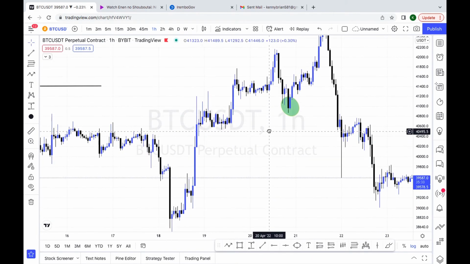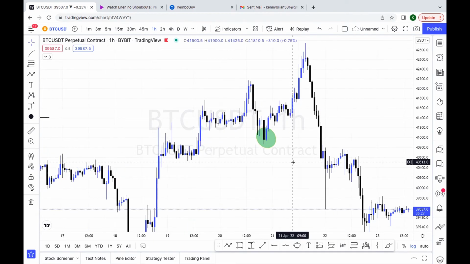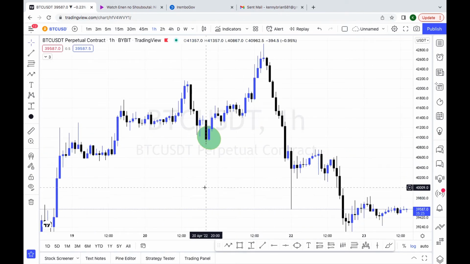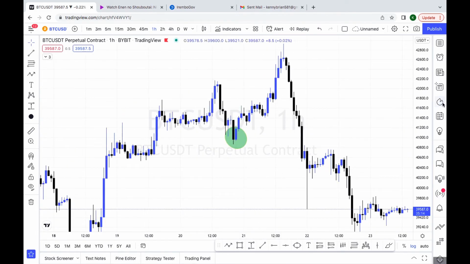As you see, price was moving higher, and then went down for a correction, and then this huge bearish candle represented the mom, then this small bullish candle represented the baby, and from then the market pushed higher.